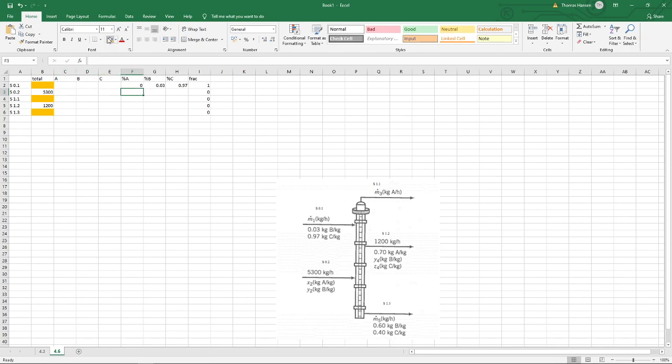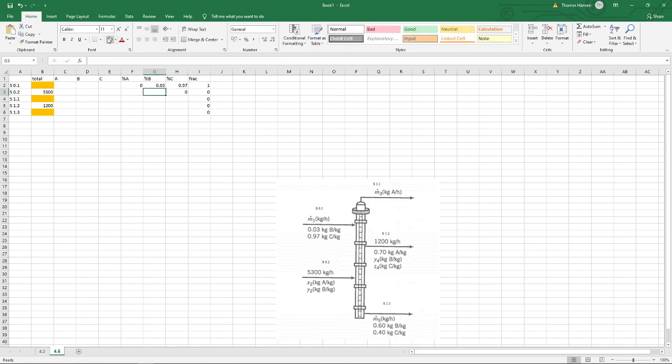So compositions in 0, 2, we actually only know that we don't have any C. So when they write it like they have done in this case, you know that there's no C present, otherwise they would have to write Z2 of C in kilograms of C per kilogram.